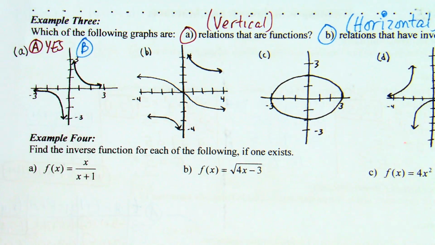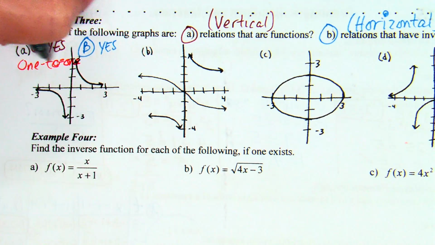Yes. How do we know? Now you get to say it passes the horizontal line test. So yes, this is a function, and yes, this has an inverse. What's the special word I can use to describe this then? One-to-one. I'm going to write that in there so you have that as an example. Because it's a function and it has an inverse, it is one-to-one.